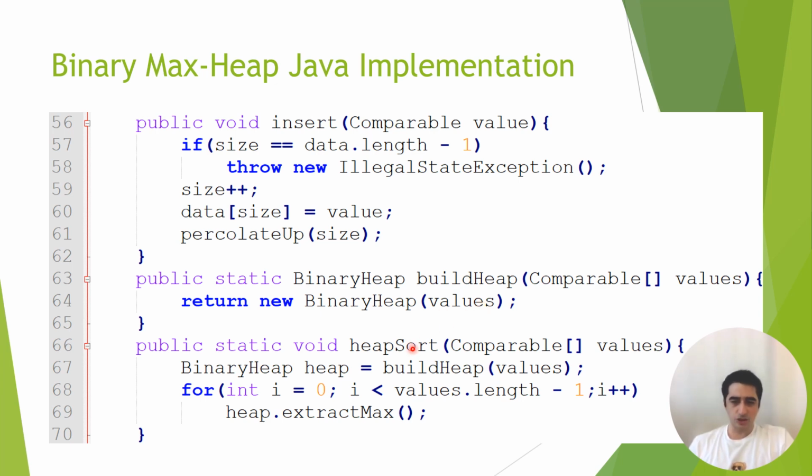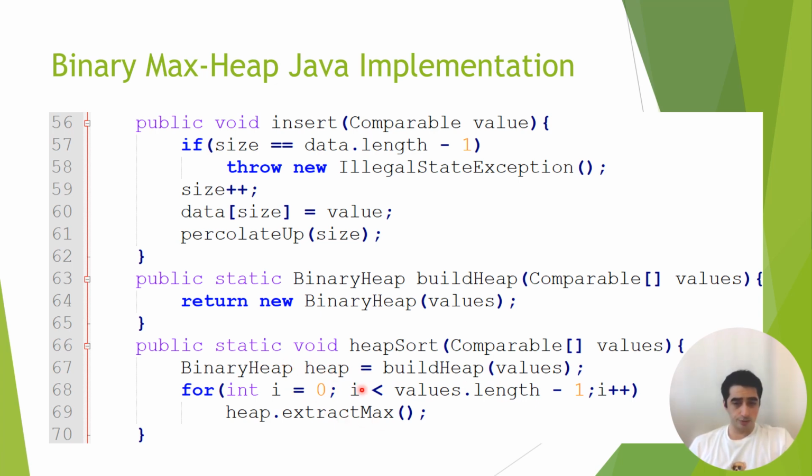Then the heap sort operation is quite simple after we have implemented the build heap operation and extract max operation. The first step of heap sort is to build a heap using the given array of comparables. The array is called values. So we use build heap to create a binary max heap.